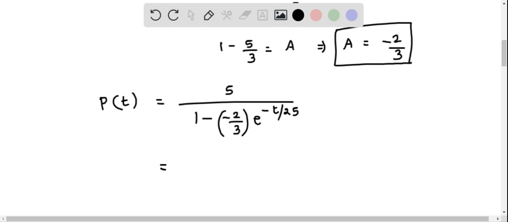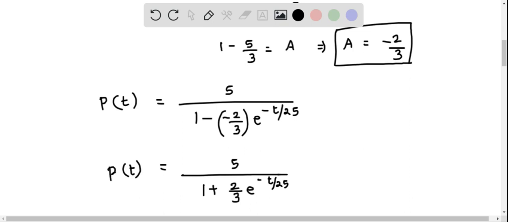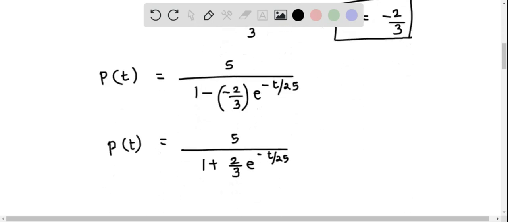So this can be simplified as 5 divided by 1 plus 2 thirds e power negative t by 25. So this is the expression for p of t after we have solved for a, or we have determined the constant a.